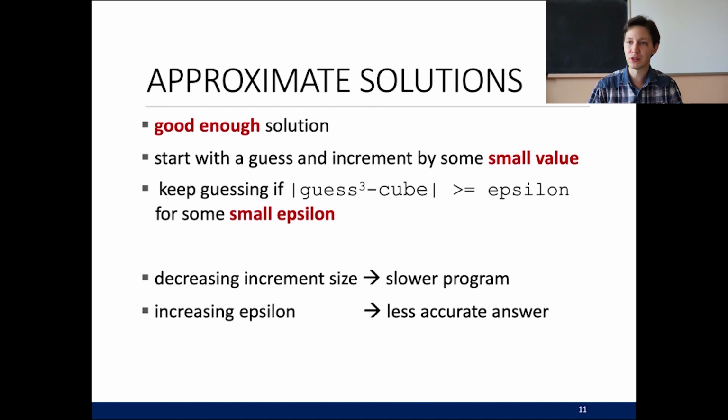Let's think about this further. If there is no integer solution, we can run the same algorithm checking possible float values. The question here is, what step will we be using to increase our guess with each next iteration? The answer is, we should use as small a value as possible.